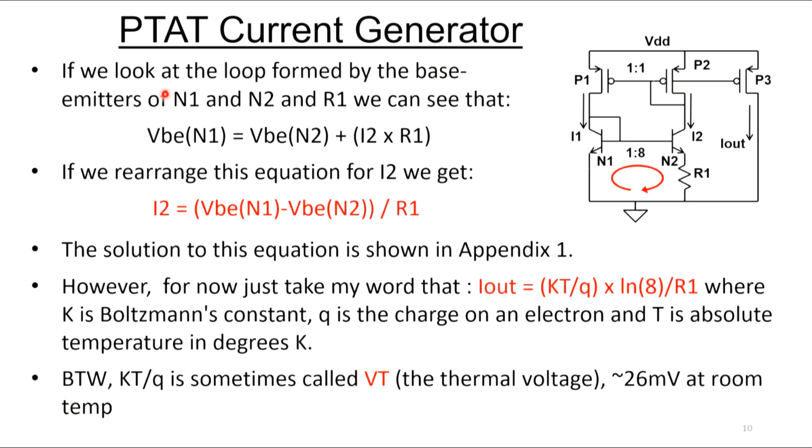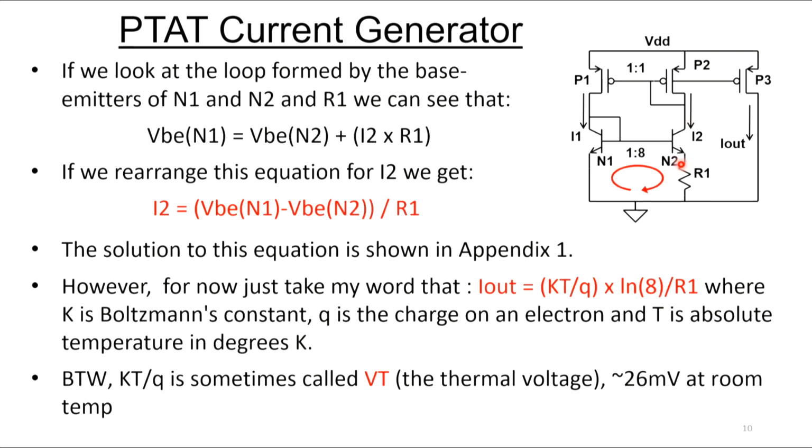So if we rearrange this equation and we solve it for the current, we come up with the current is the difference of 2 VBEs divided by this resistor. I'm not going to solve this equation. It's solved for you in Appendix 1 if you really want to go see the math. For now, you're just going to have to take my word for it with my hand waving that the solution comes out to KT over Q times the log of 8 over R1.